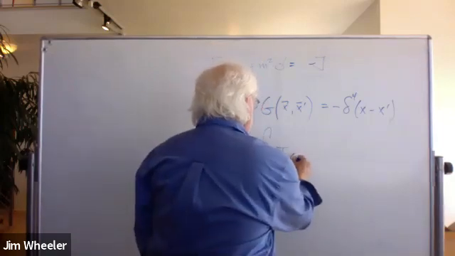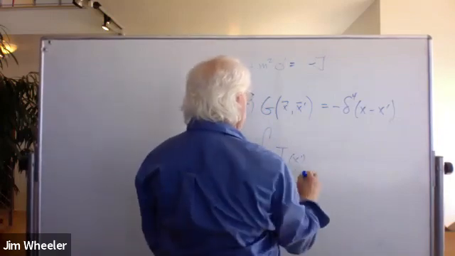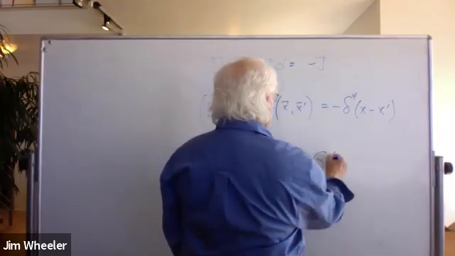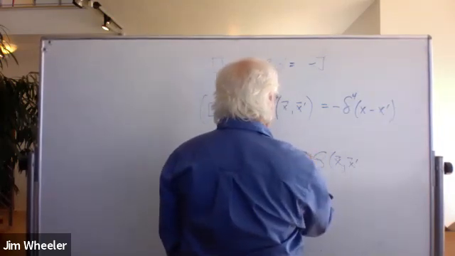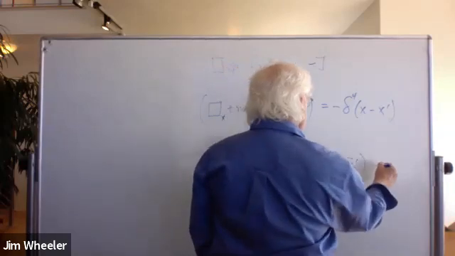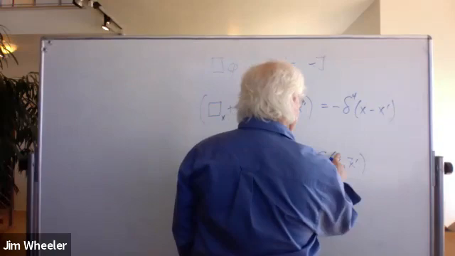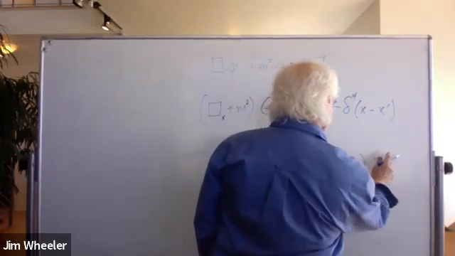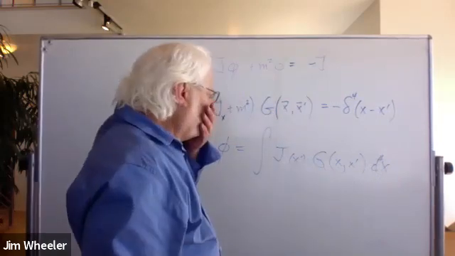So you put in the strength of your source, and you multiply by the Green function. I'm thinking of this 3-dimensionally instead of 4-dimensionally. Let's do d4x here.